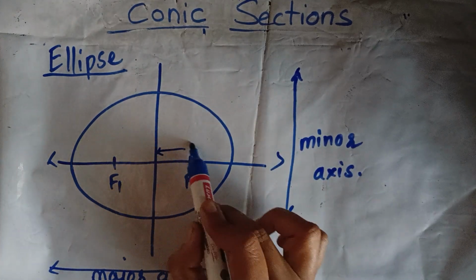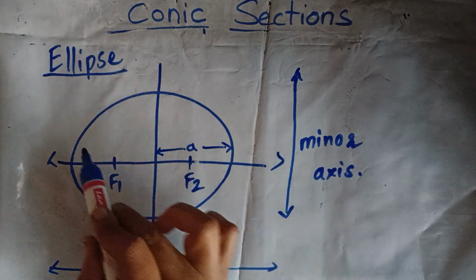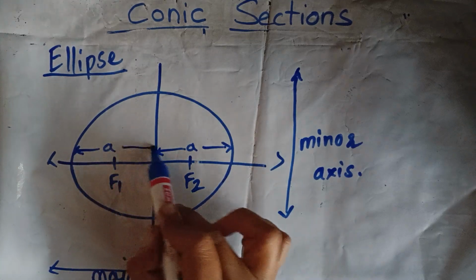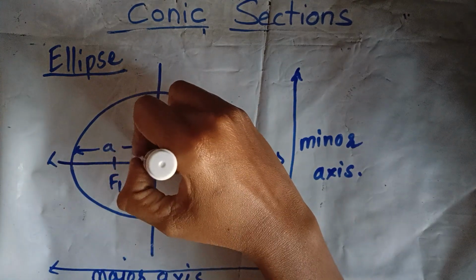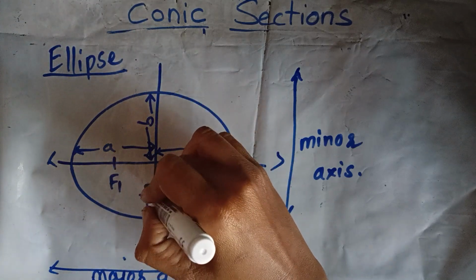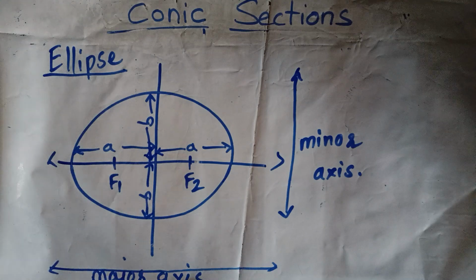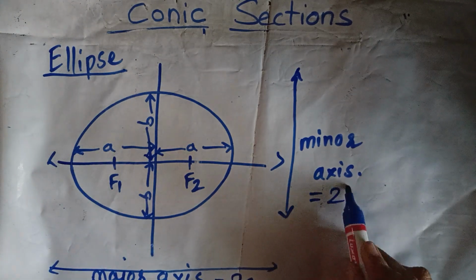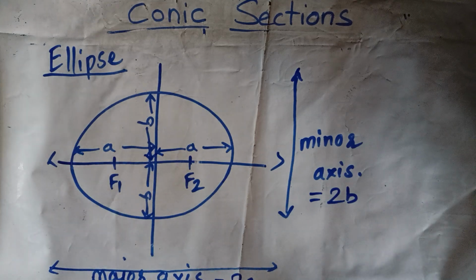From here to here, this distance is A. And this distance is B. So the length of the major axis is 2A and the minor axis is 2B. Now the focus points are also there.